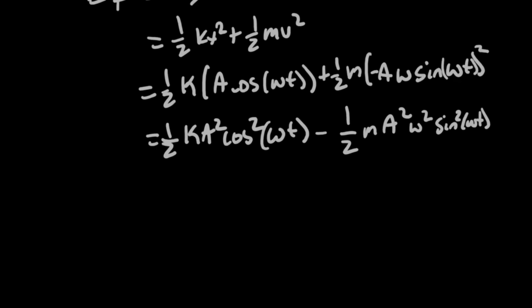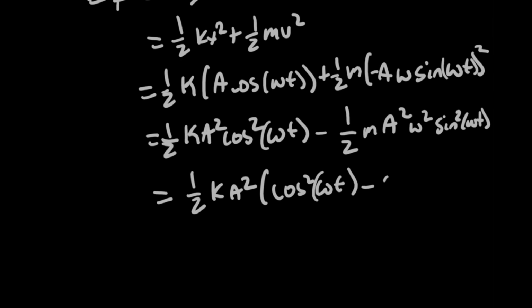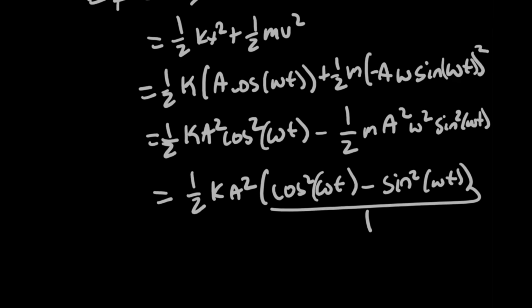We're going to factor some things out here. We're going to get 1/2 k A squared of cosine squared omega t plus sine squared omega t. And when we use our trig identities really quickly, we get that this whole expression is just equal to 1. So the total energy of our mass spring system is just this right here, 1/2 k A squared, where A is our amplitude.